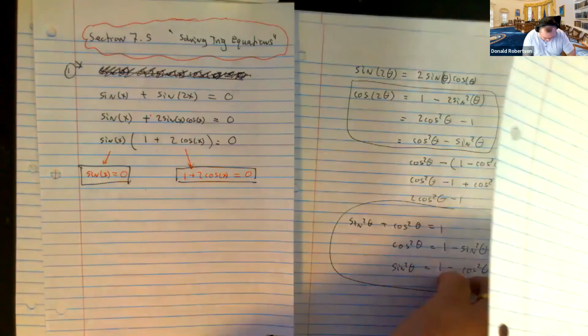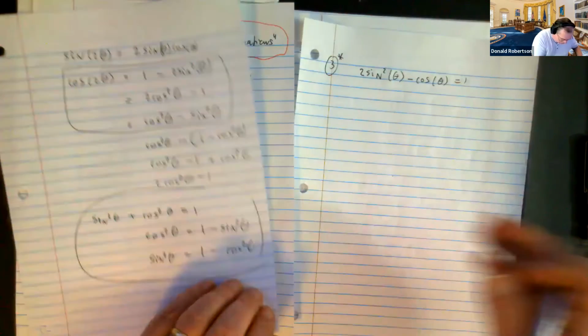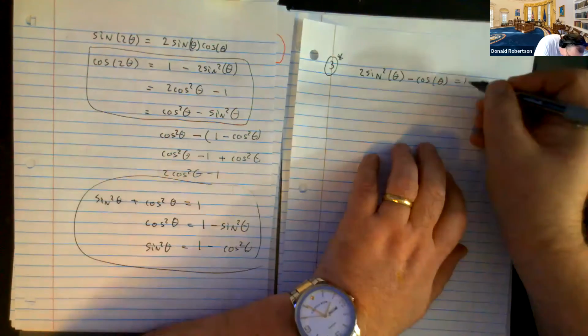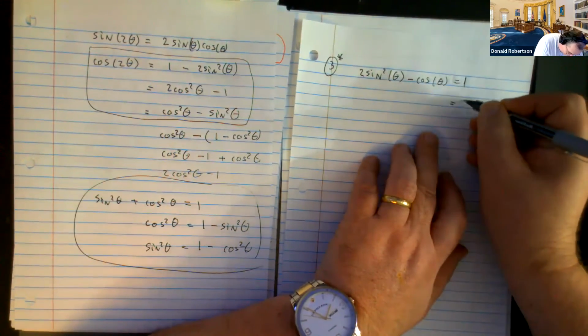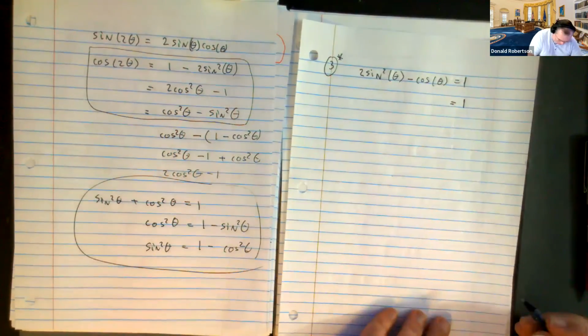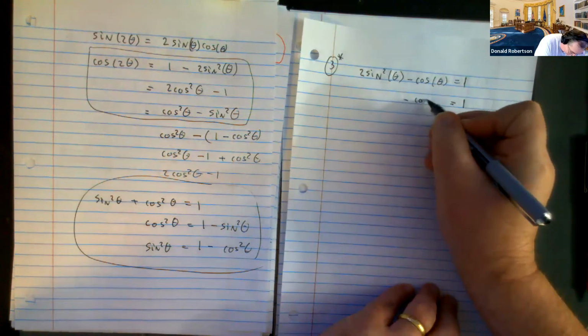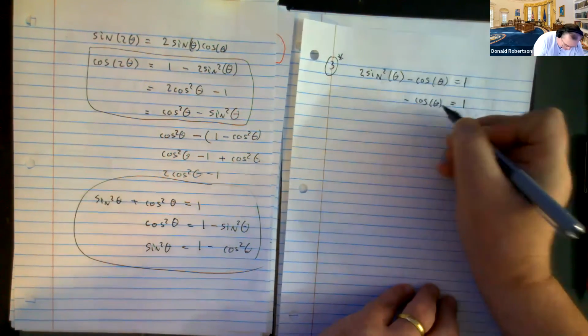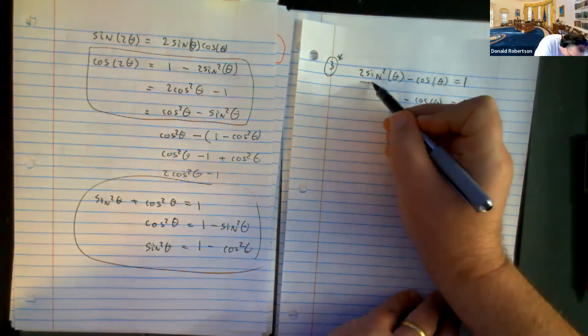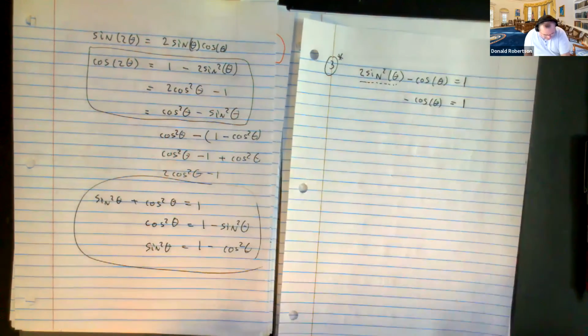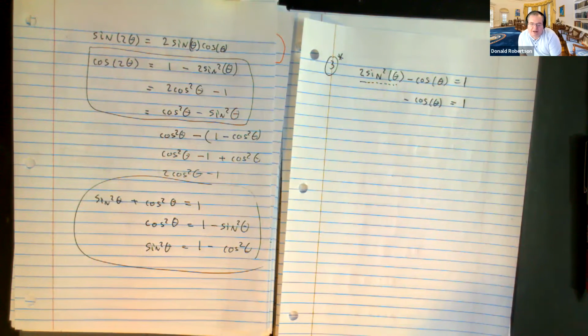Now, let's look at this one. Can't really do much with a 1. I don't think there's anything obvious I can do with a single cosine theta. So my brain is saying, okay, that's the only one that I have any chance of changing into something else. And I have to figure out what I could change it into.